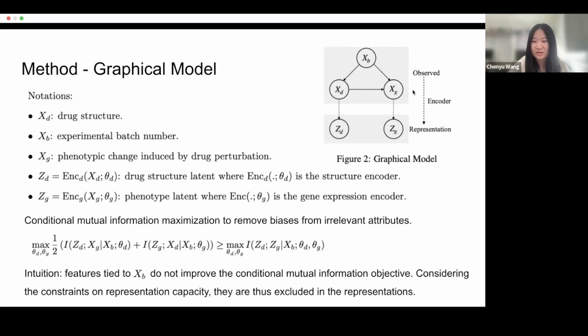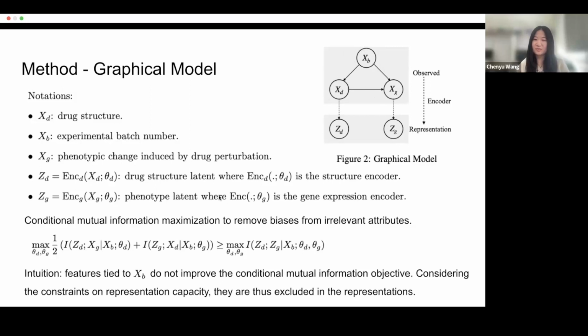So with this graphical model, if we don't consider this batch confounding issue and only learn a model to match these 2 modalities, we can imagine that the batch actually provides shortcut paths between these 2 data modalities, and the latent representations will include the batch-related information as shared features between the 2 modalities, which is not really desirable because they are not biological.